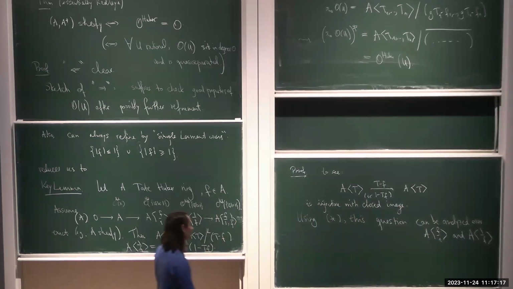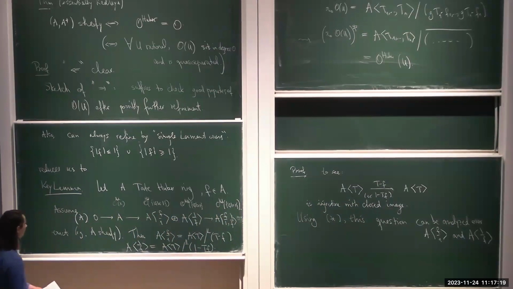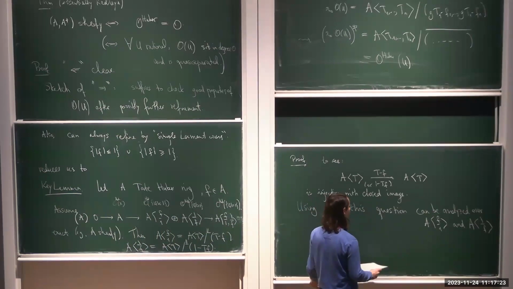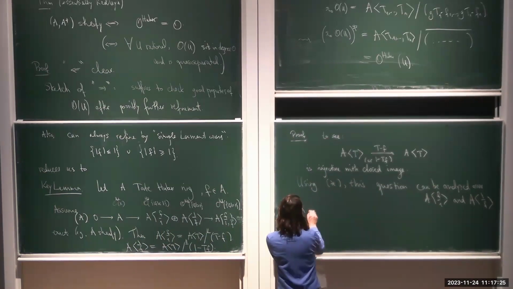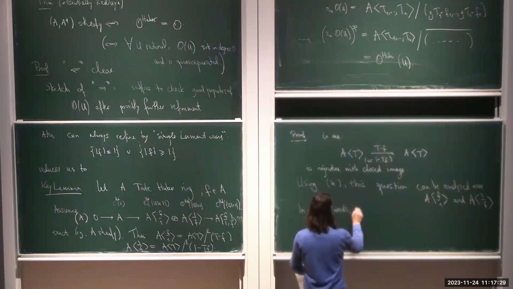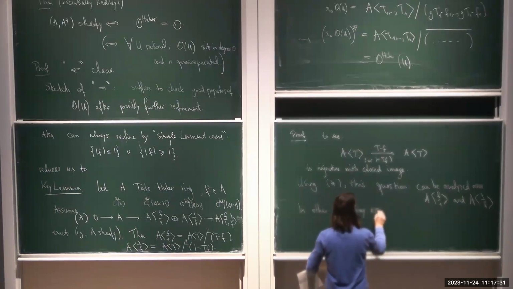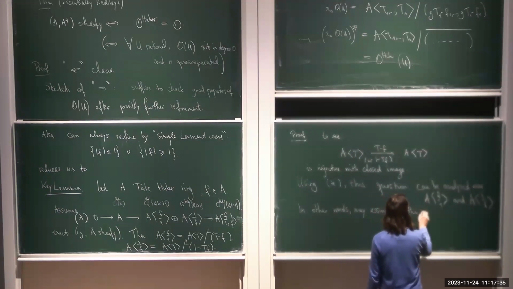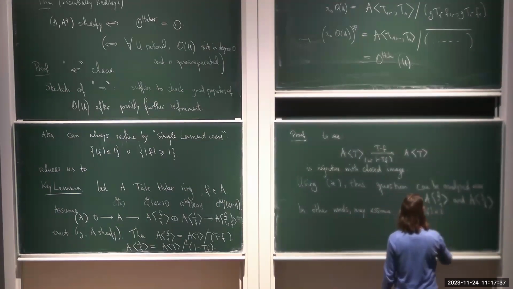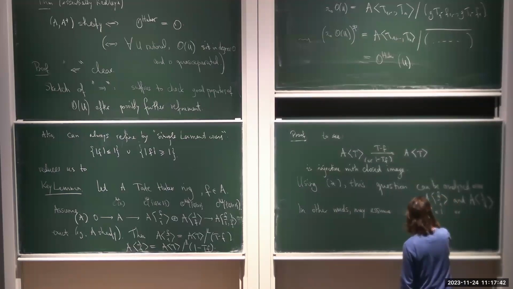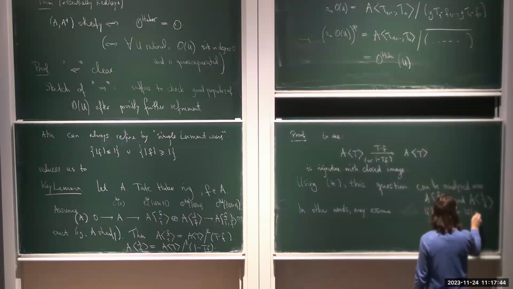So it's enough to check the assertion once we replace A by those two rings. In other words, we can assume that either the absolute value of f is less than or equal to 1, or one of these is the other case.